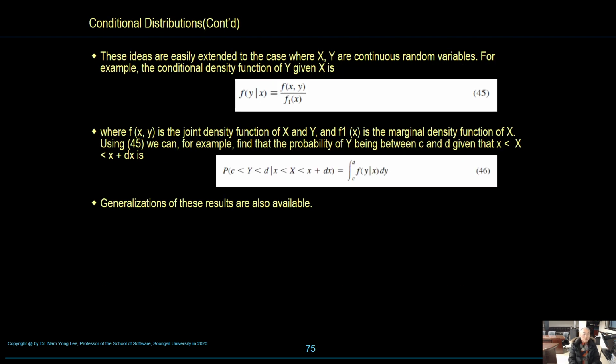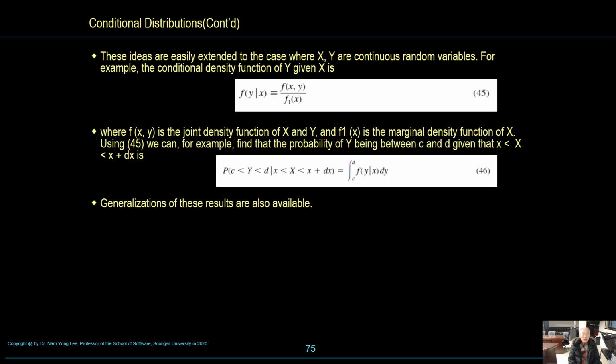These ideas are easily expanded to the case where X and Y are continuous random variables. For example, the conditional density function of Y given X is f(x,y) divided by f1(x), where f(x,y) is the joint density function of X and Y, and f1(x) is the marginal density function of X.